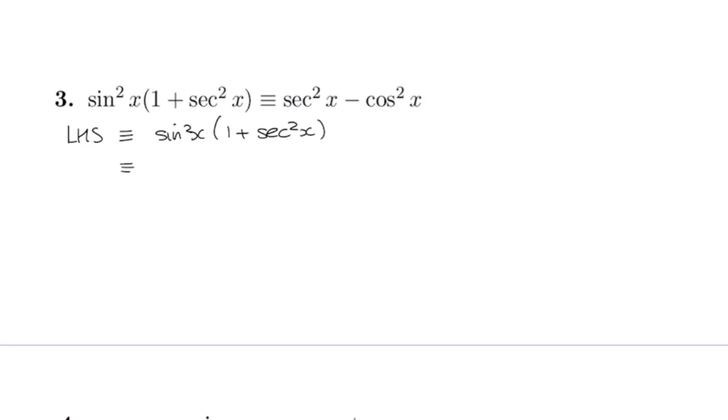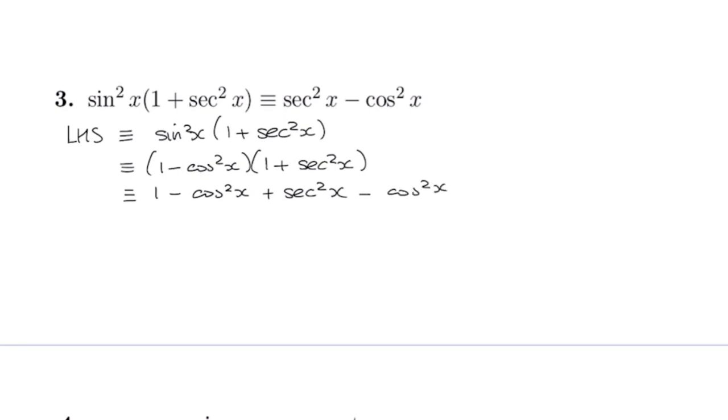And if you remember, sine squared x is 1 minus cos squared x. And that's multiplied by 1 plus sec squared x. Now if I multiply that out, I get 1 minus cos squared x plus sec squared x minus cos squared x times sec squared x.